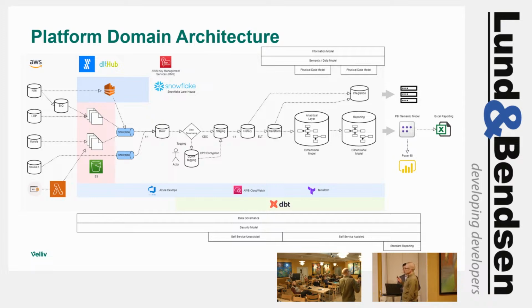And everyone gets their own environments in Snowflake. They get their own project in dbt, their own project in Azure DevOps, their own S3 buckets, and so forth. So basically, it's all contained within the domain. However, because we are on Snowflake, it is possible for the data teams, or the domains, to share data between each other.